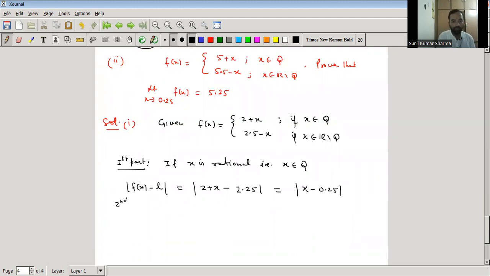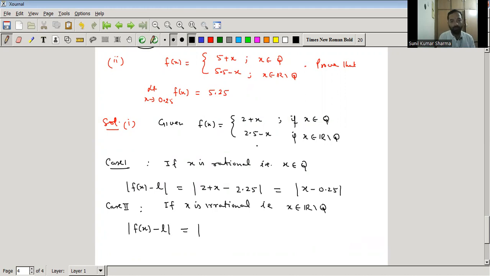Instead of second part, we consider case 1 and case 2. Case 2: if x is irrational, that is x belongs to R minus Q. So what is mod f(x) minus L?